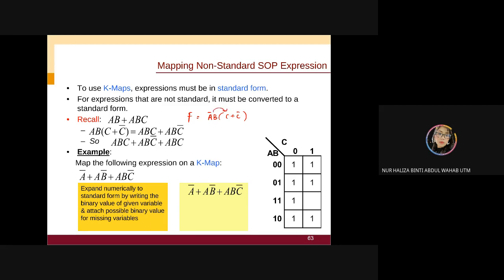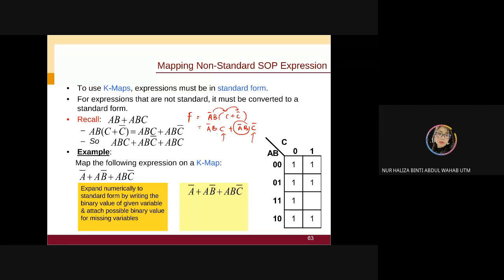Then what I'm going to get for my Boolean expression in the standard version is ABC plus A bar B C bar. So you can see the flow, this one will be fixed. The only thing that changes is C, right?